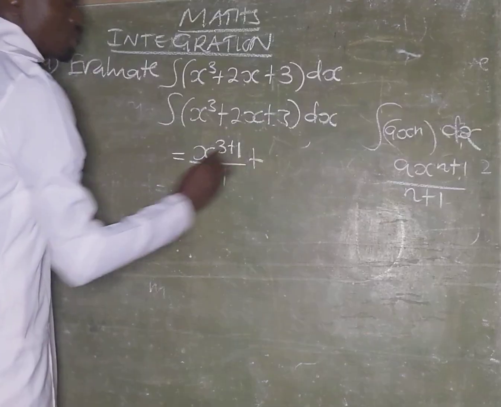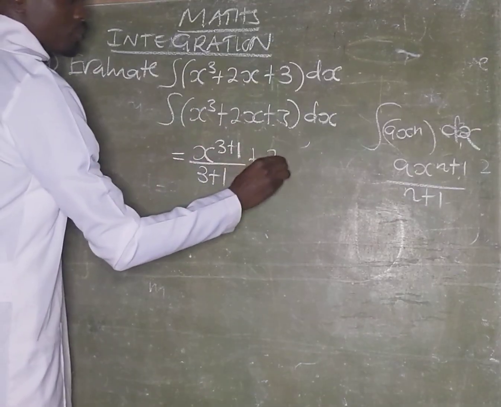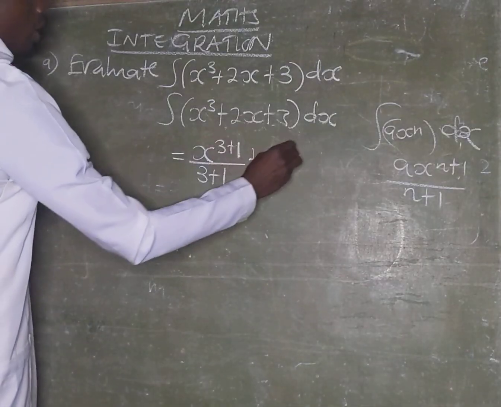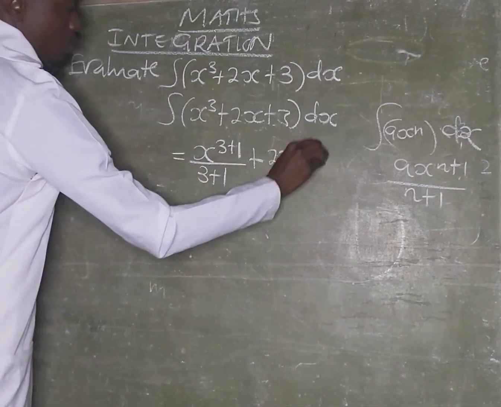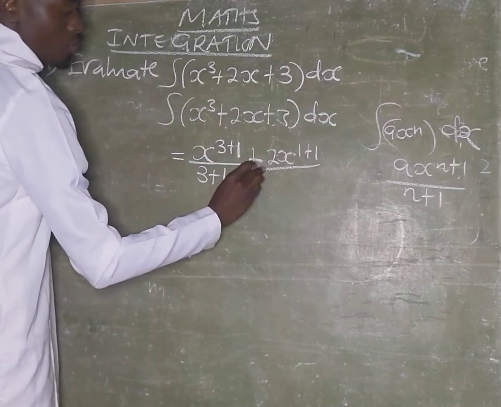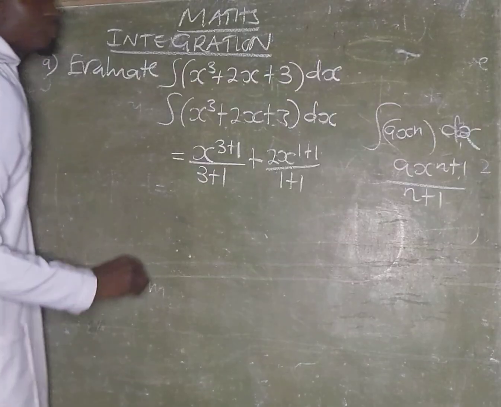Then we continue with 2x. What is the power of x? It's 1. So it's 1 plus 1, and we divide by the same power, 1 plus 1.